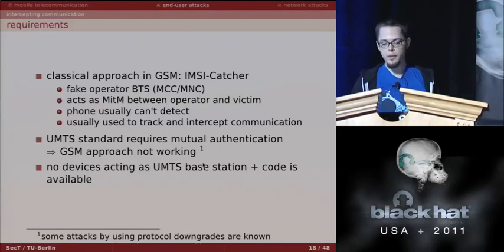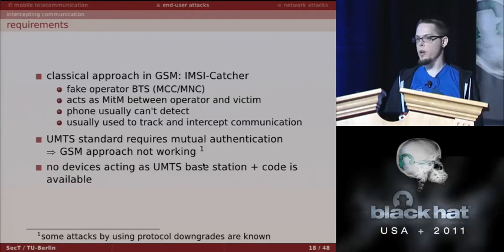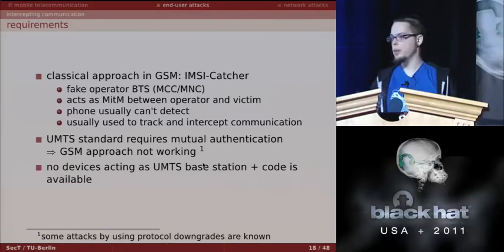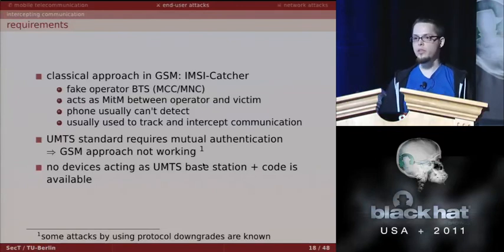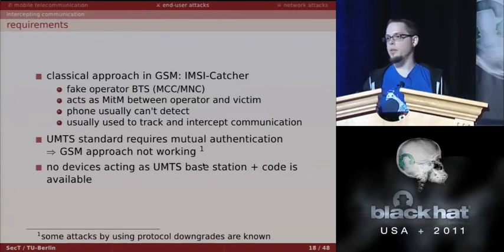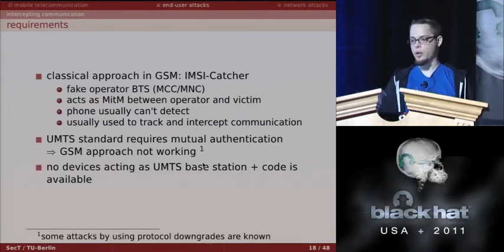Basically an IMSI catcher is just a device that acts as a legit operator base station and is configured to use the same country code and network code as, for example, T-Mobile or AT&T, so that a victim subscriber sees this as a legit base station, books into the cell, and the cell then just proxies all requests to the real network. While doing so, it can intercept communication and change parts of the communication.